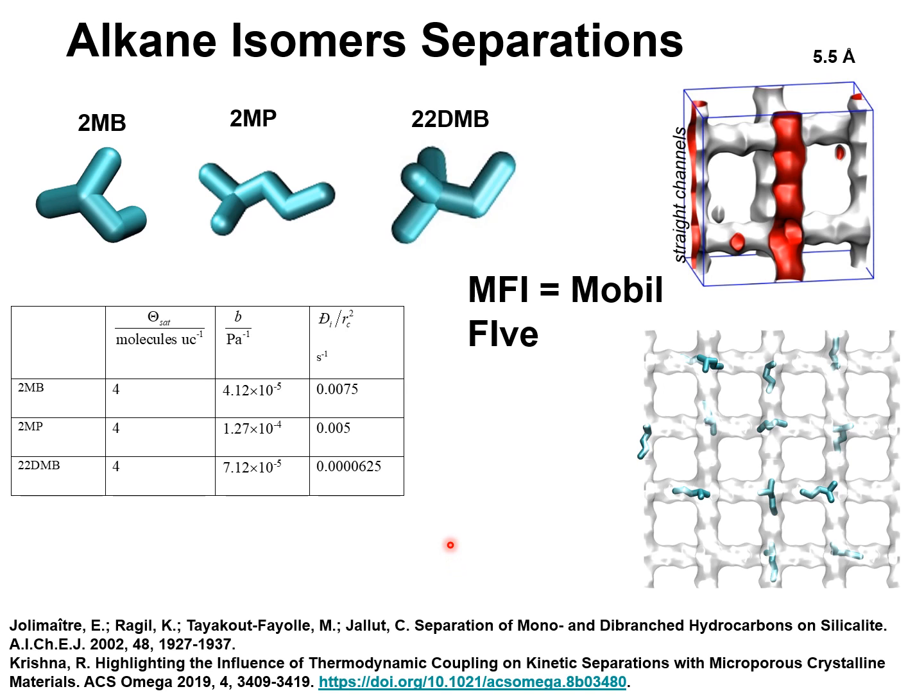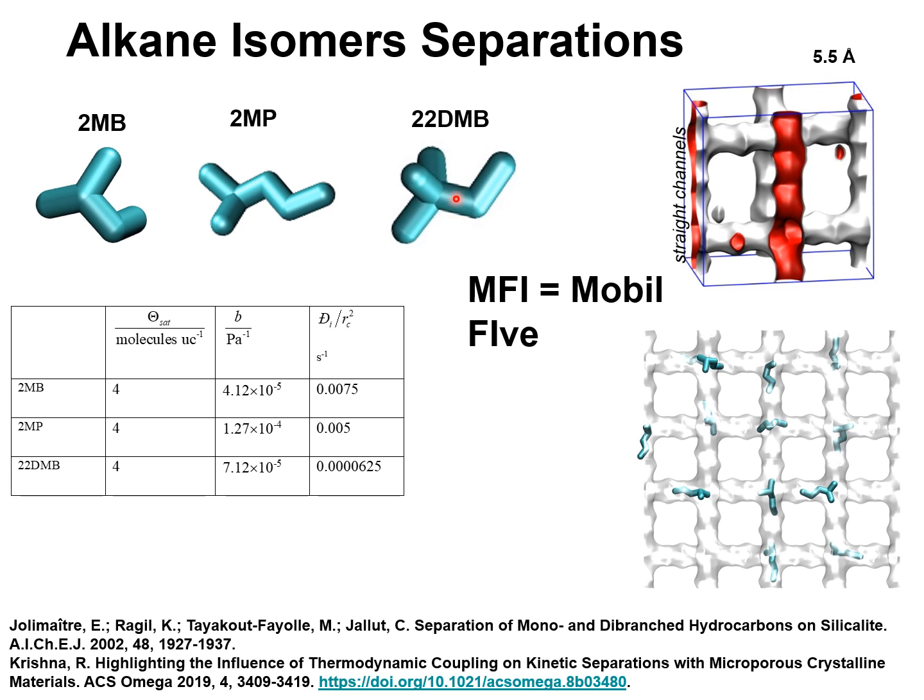However, the diffusional time constants are shown here. These were determined experimentally, and these diffusional time constants are the highest for 2-methyl butane. This is lowered slightly for 2-methyl pentane, and the lowest diffusional time constant is for 2,2-dimethyl butane.